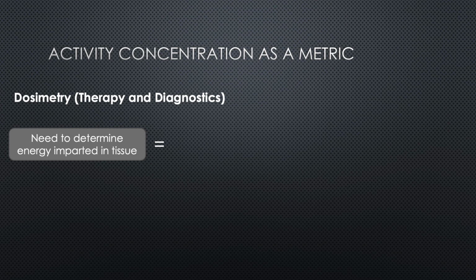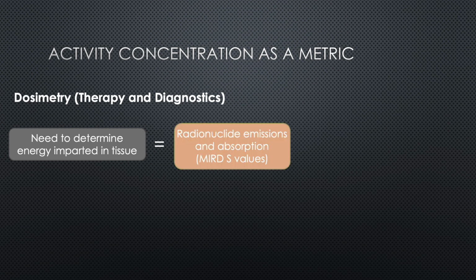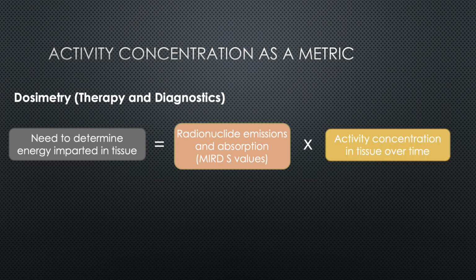We can calculate this from knowledge of the radionuclide emissions from the radionuclide that we're using and its absorption, which we get from MIRD S values. And we multiply this by the activity concentration we measure in images over time.